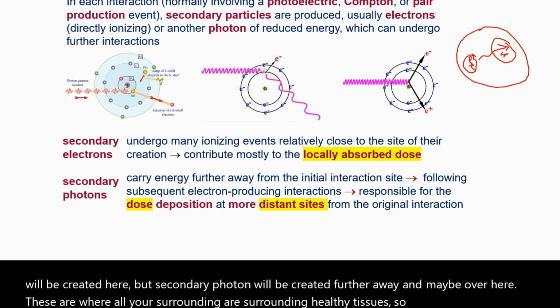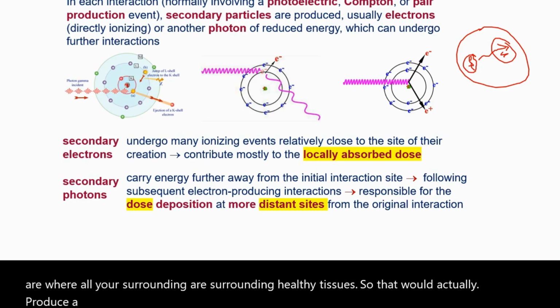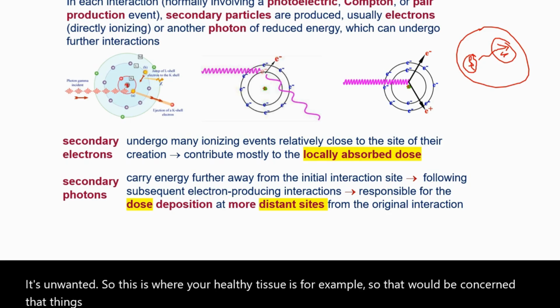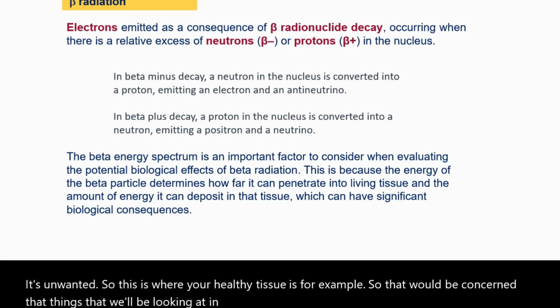That would produce a further concern because the dose deposited here is unwanted. So this is where your healthy tissue is, for example. That is something we'll be looking at in this paper.